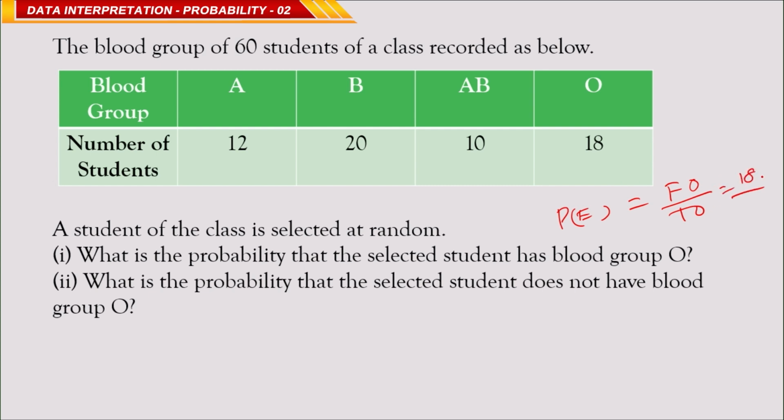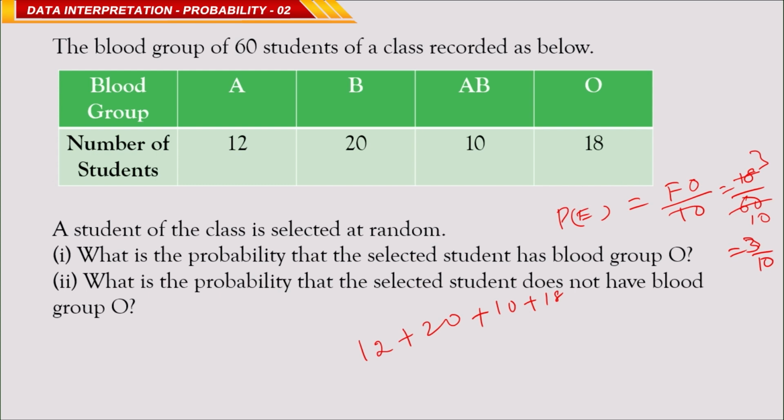What is the total outcomes? How many students are there? 12 plus 20 plus 10 plus 18, that is 32, 42, 60, means 60. So this is 18 by 60. We can say 6 threes are 18 and 6 tens are 60, means 3 by 10. This is the answer. See how simple the question is.